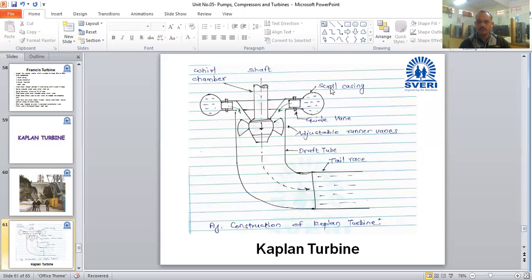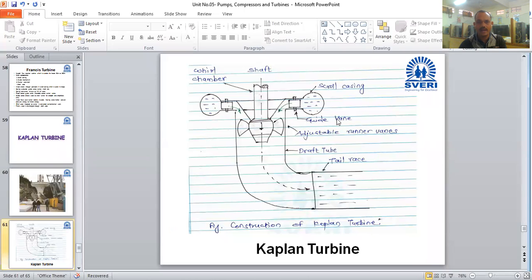So in the construction, we have a scroll casing. The scroll casing is used to flow water towards the turbine. After the scroll casing, guide vanes are provided.